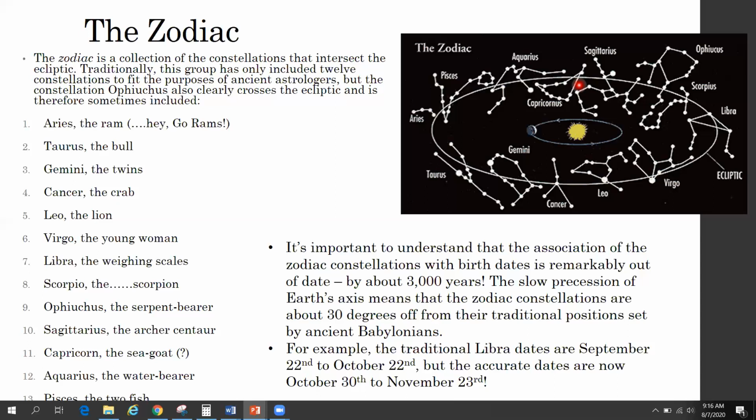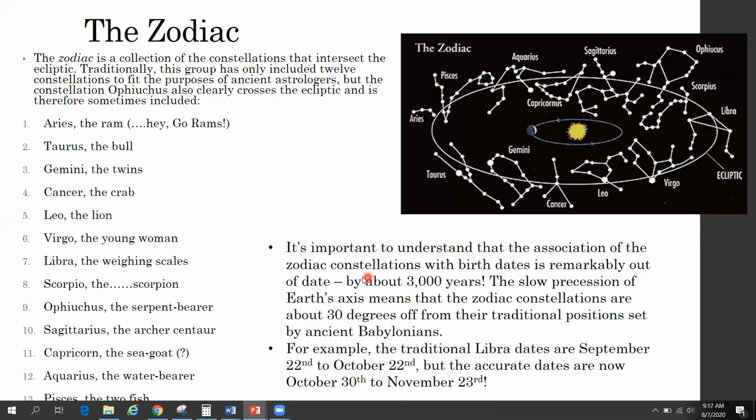It's kind of like a mermaid, but the goat version. The front half's a goat, the back half's a fish. Then we have Aquarius, the water bearer, and by that we just mean someone who's carrying. It's usually depicted as a male youth carrying a large jar of water. And then we have Pisces, which are two fish linked together by a band or a ribbon.